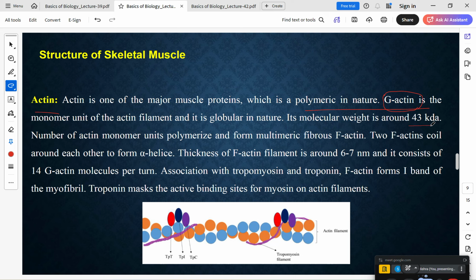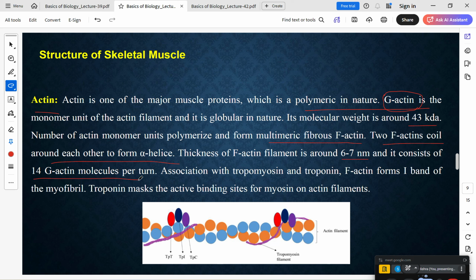Its molecular weight is around 43 kDa. A number of actin monomer units polymerize and form fibrous F-actin or filamentous actin. Two filamentous actin strands coil around each other to form one alpha helix, and the thickness of the F-actin filament is around 6 to 7 nanometer.